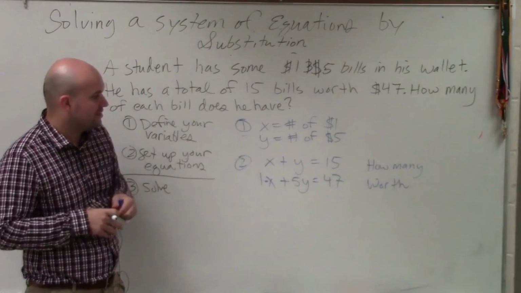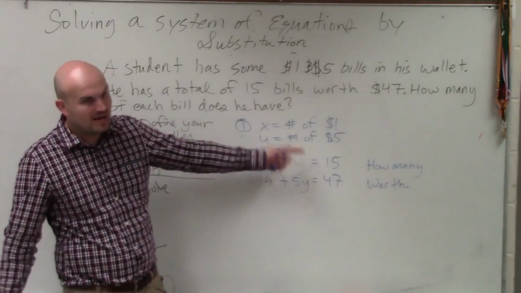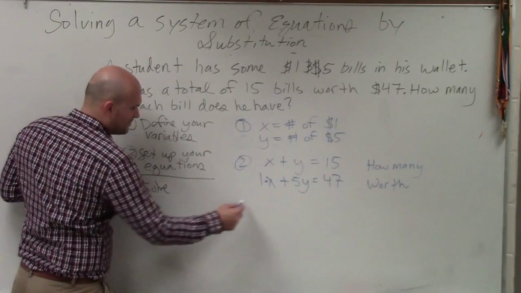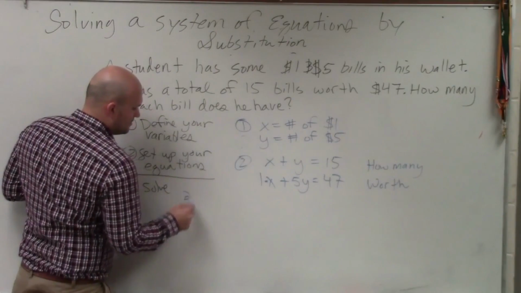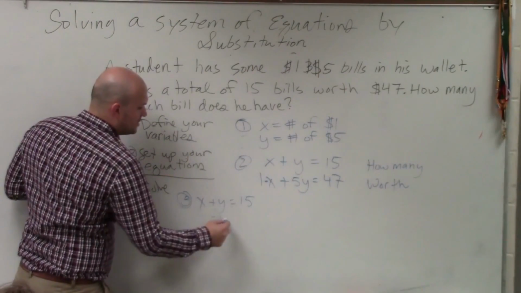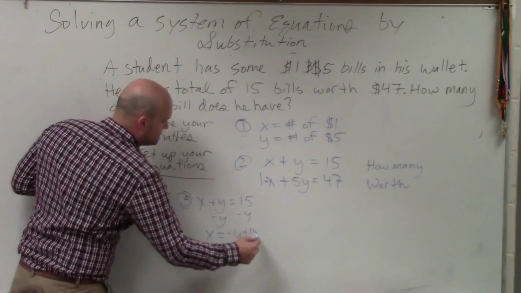So again, we need to pick a variable we want to isolate. I'll isolate the x. If you isolated the y, you'll get the exact same answer. So step number 3 is going to be x plus y equals 15. I'll subtract y: x equals negative y plus 15.